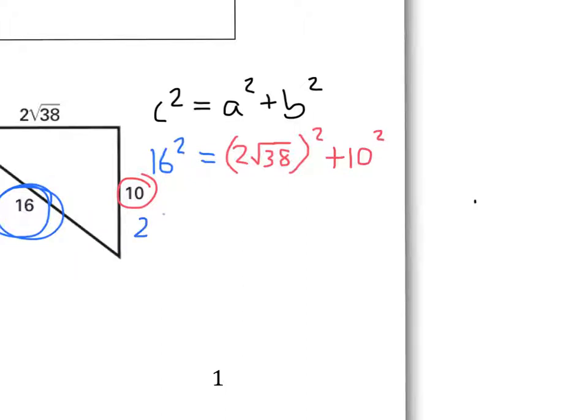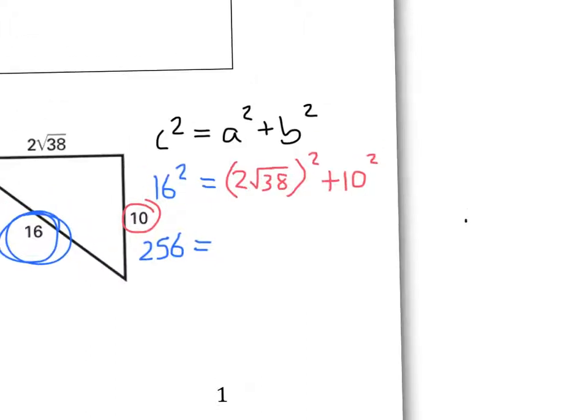16 squared is 256. And how do we deal with this here? Yes, this square will cancel out this radical, so I'm left with the 38, but how does the square interact with the 2? Well, I'll just do this on the side so you can see.